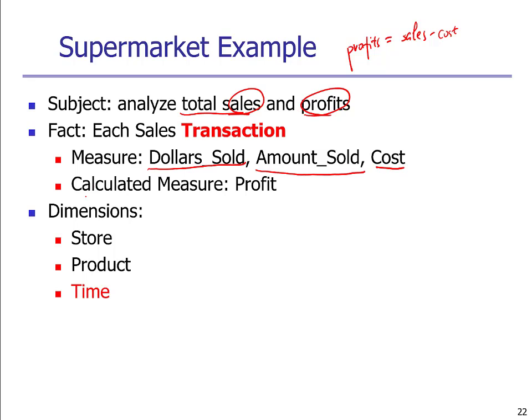And there is also a calculated measure, which is the profit, because we need to use the total sales, which is the dollars sold, minus the cost for the items this customer buys. Then we have the profit for this transaction, right? As you can see, you would have different measures, and which measures to use depends on what kind of application you want, or what kind of data the end user wants to see.